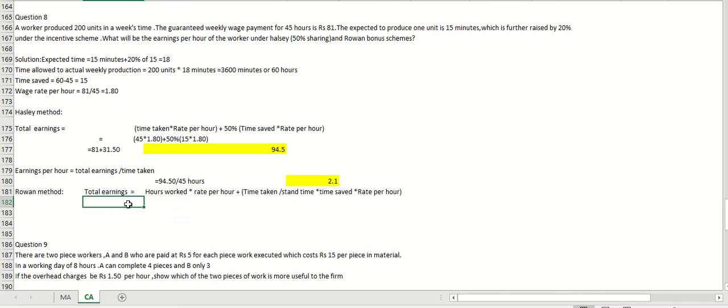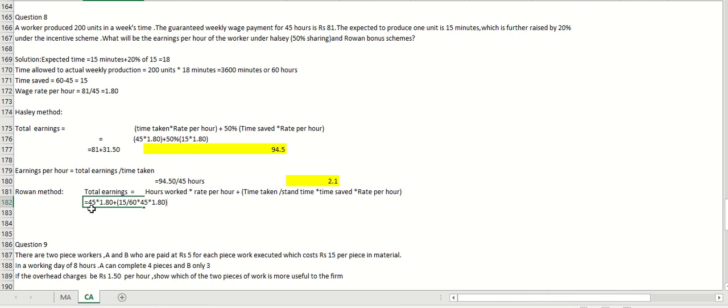Now under the Rowan method, your total earnings is equal to hours worked, which is 45, into rate per hour, which is 1.80, plus your time saved, 15, divided by total standard time, which is 60, into time taken, 45 hours, into 1.80, the rate per hour.